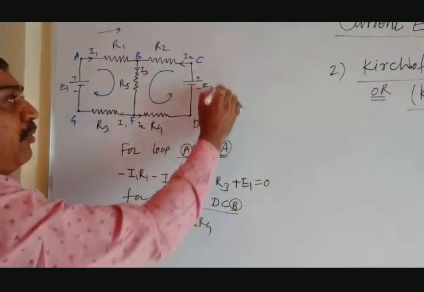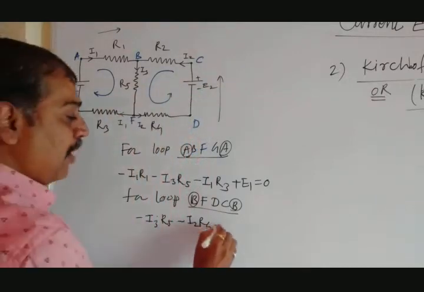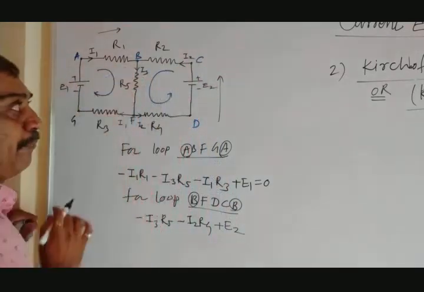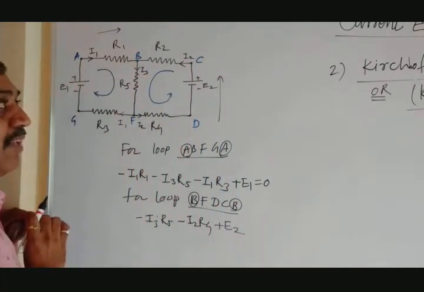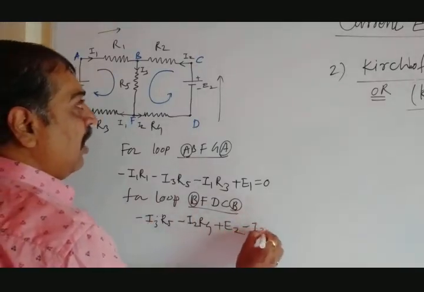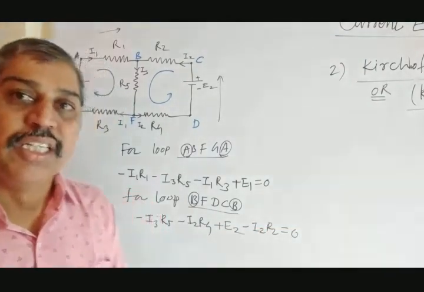When we move from D to C, the last plate is plus, so it is plus E2. When we move from C to B, the direction of current is the same as that of the tracing of the loop, so it is minus I2 R2. I give homework to all of you. One homework, just try to find the rest.